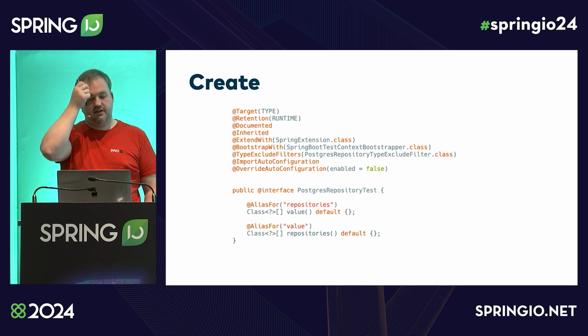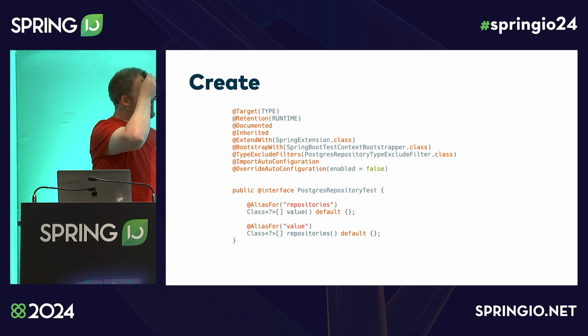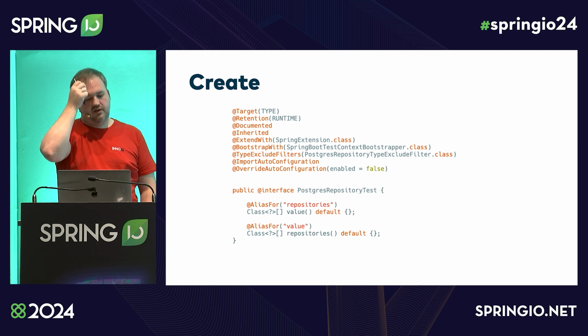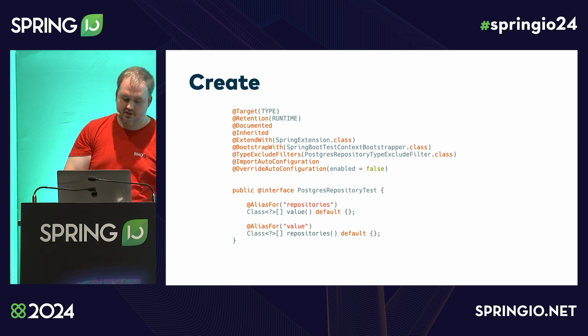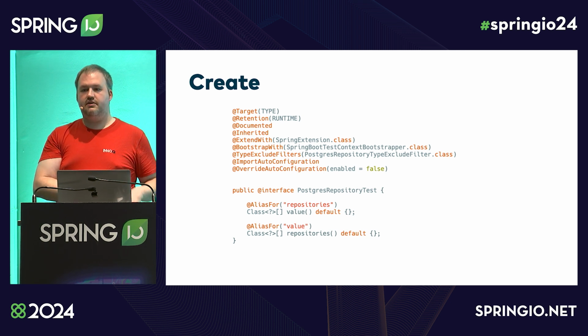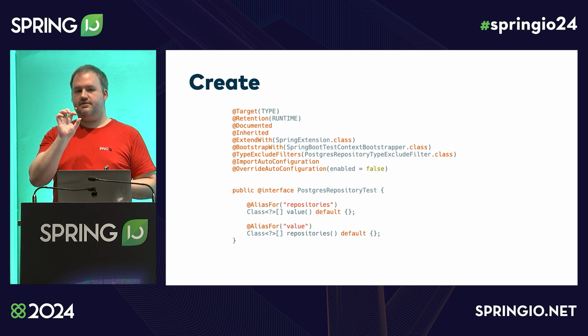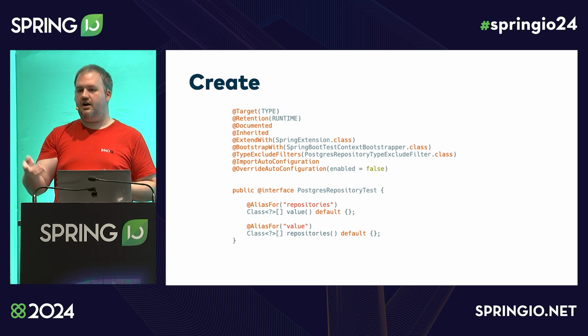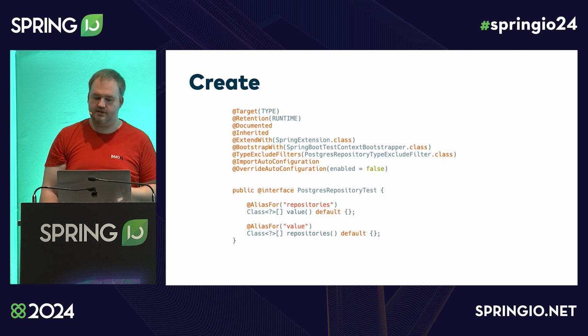And now we need even more annotations on our annotation. We annotate with @ImportAutoConfiguration and @OverrideAutoConfiguration because these annotations allow us to reuse existing auto configurations of Spring Boot. I assume everybody knows that the magic of Spring Boot is more or less providing you with multiple auto configurations.